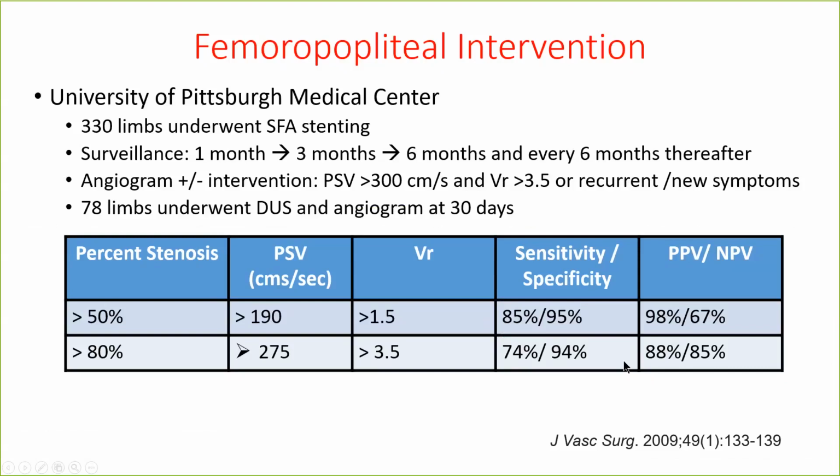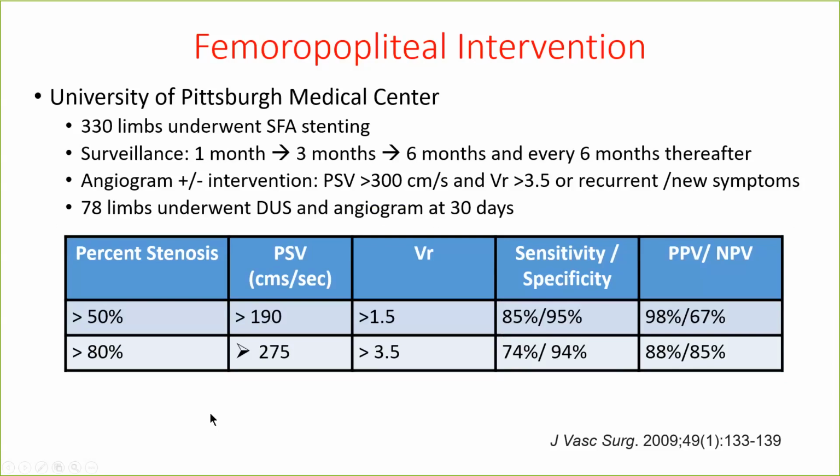When we look at studies to evaluate in-stent restenosis, there are very limited studies, and probably the most established study is this one done at University of Pittsburgh Medical Center. At UPMC, they evaluated 330 limbs and looked at angiographic findings and duplex ultrasound findings, and looked at what peak systolic velocity and VR ratios have the highest sensitivity and specificity, as well as positive and negative predictive values.